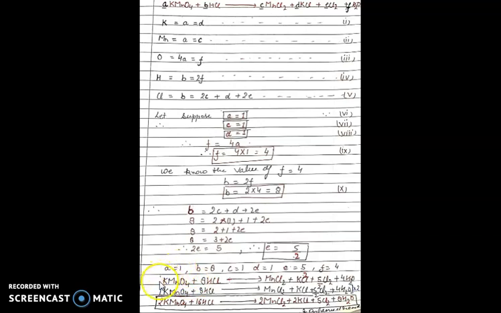A is 1, B is 8, C is 1, D is 1, E is 5 upon 2, and F is 4. By doing so, our reaction becomes: KMnO4 plus 8HCl, after the reaction, forms MnCl2 plus KCl plus 5 upon 2 Cl2 plus 4H2O.